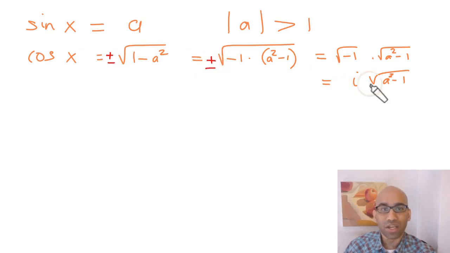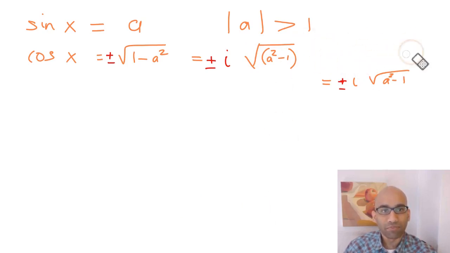And so all of this is going to be plus minus here. So let's just erase this calculation and write it as an answer right over here, just to save some space, as i times square root of a squared minus 1.